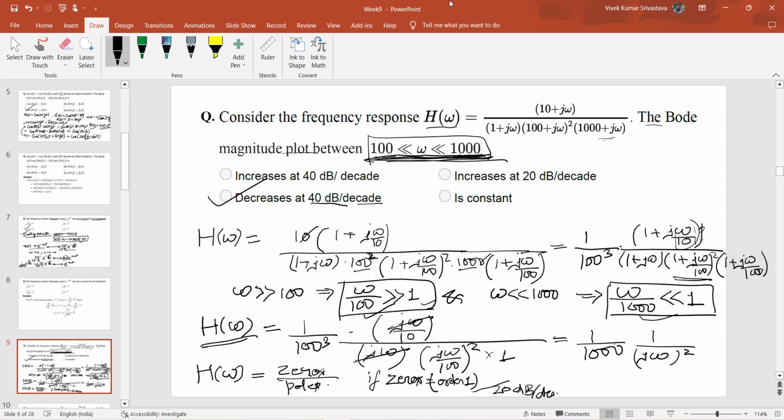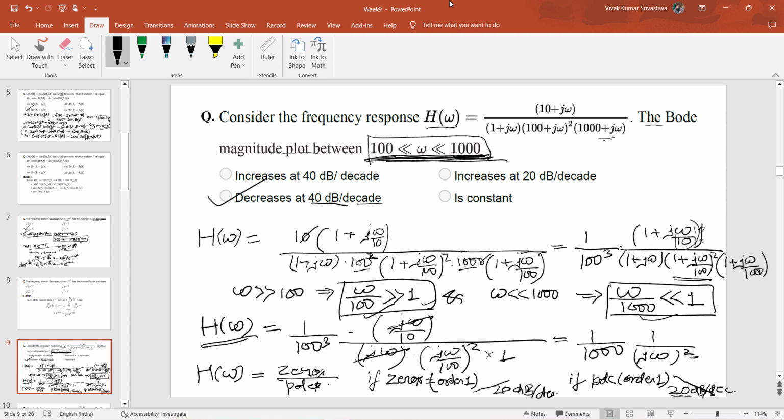Whereas if you have a pole of order 1, in this case the slope will decrease by a factor of 20 dB per decade. But here the pole is of order 2, so that's why it will be multiplied, giving 40 dB per decade.